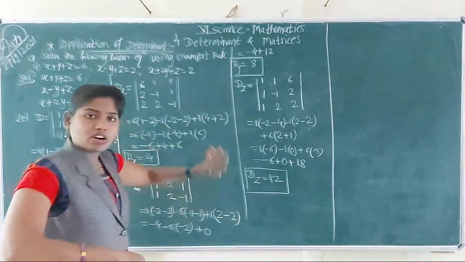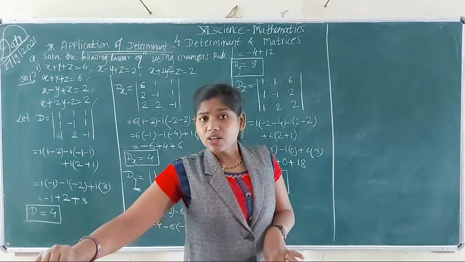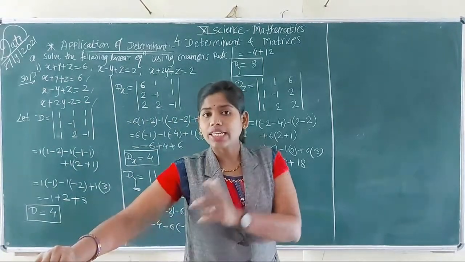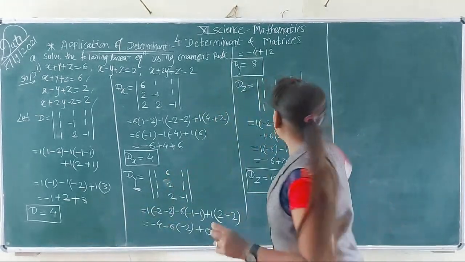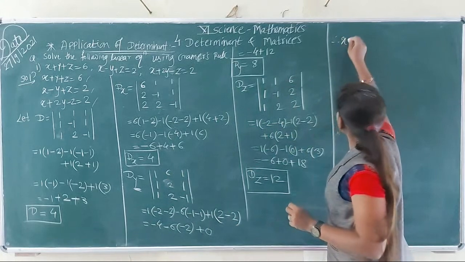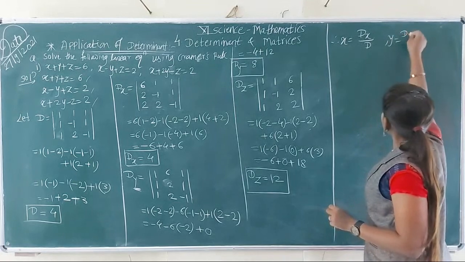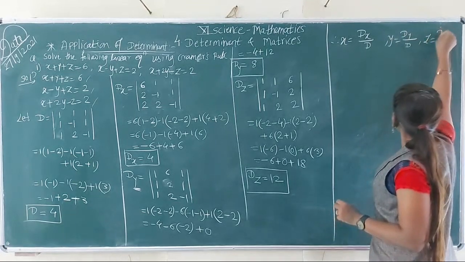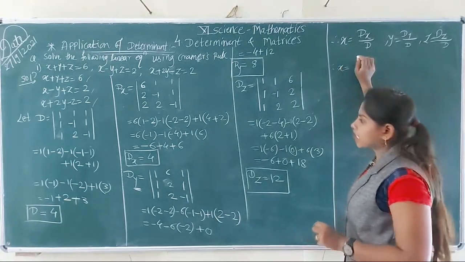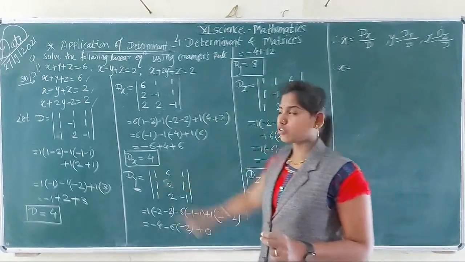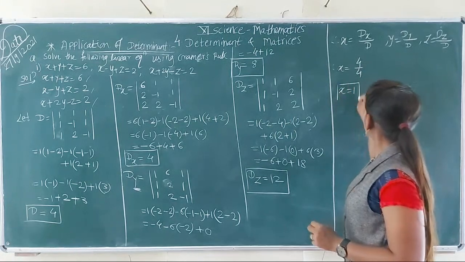That is, to find all these values, that is dx, dy and dz. But we have to find x, y, z. We have to find the values of x, y, z. Therefore x is equal to dx upon d, y is equal to dy upon d, and z is equal to dz upon d. Therefore x is equal to dx. What is the value of dx? dx is 4, that is 4 upon 4, so x is equal to 4 upon 4 is 1.